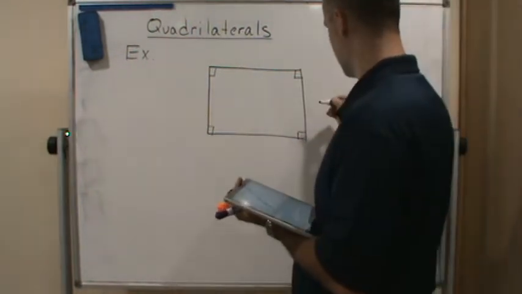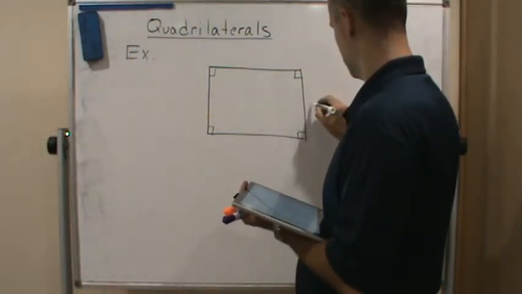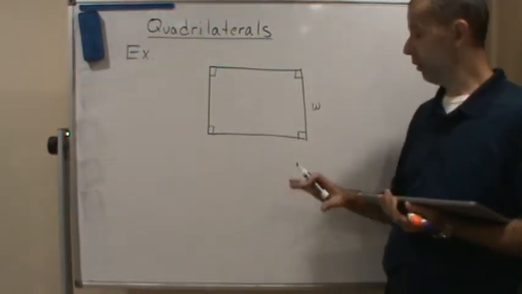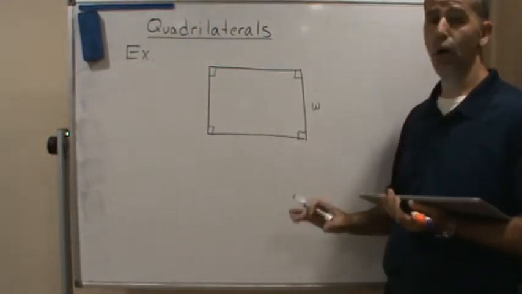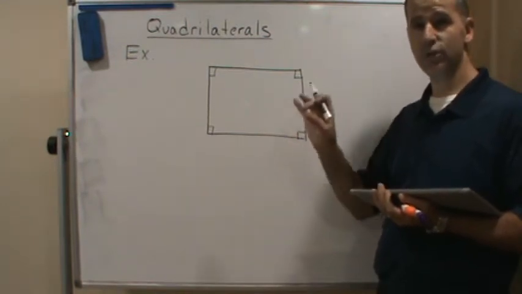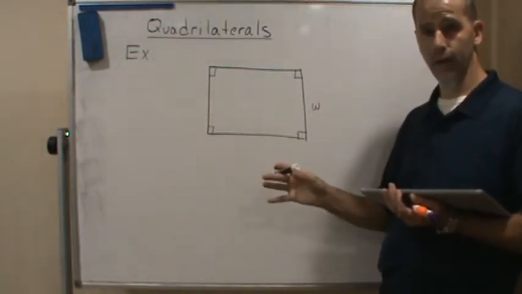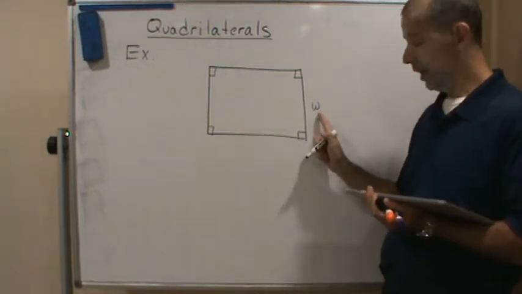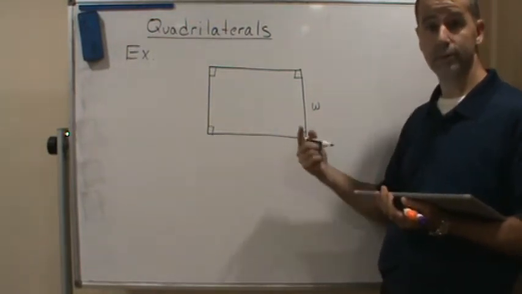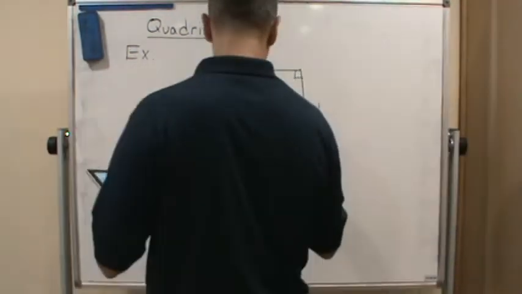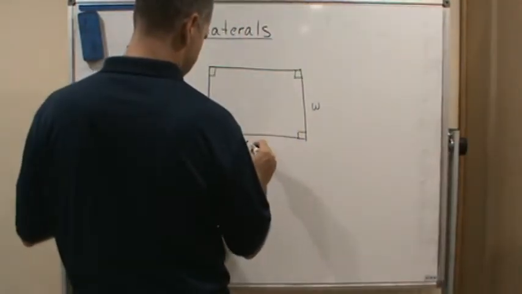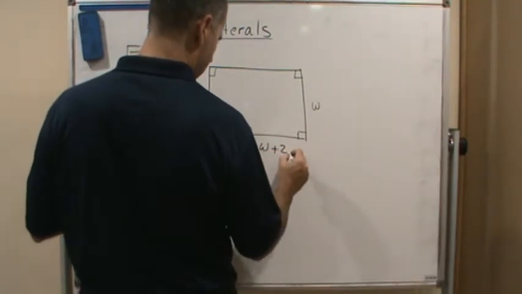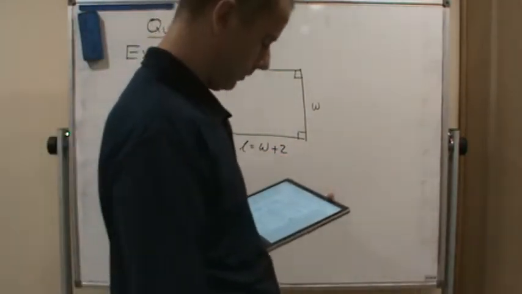So let's just make it W. So now, with that being the width, we know that the length is 2 millimeters longer, which means it's going to be an addition, right? It's whatever this is plus 2. So the length is the width plus 2 millimeters. Okay, good.